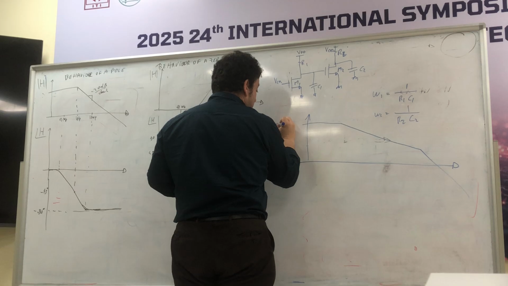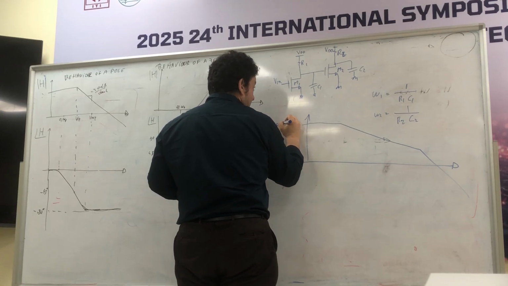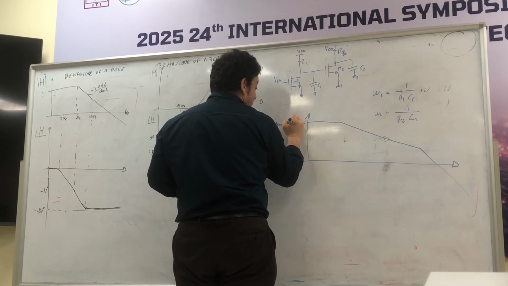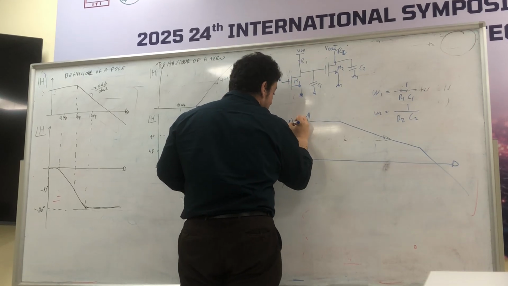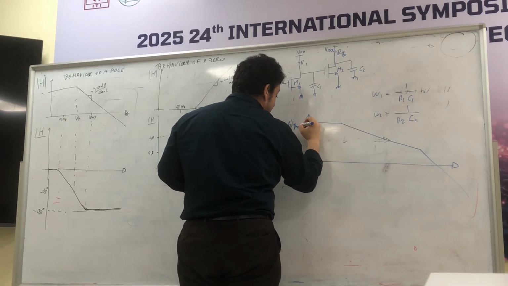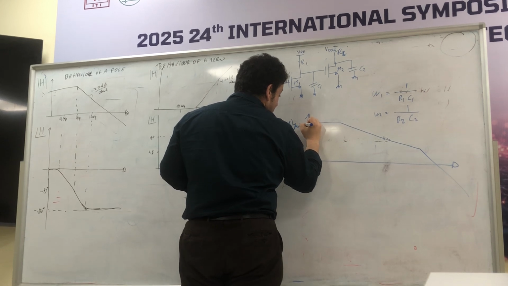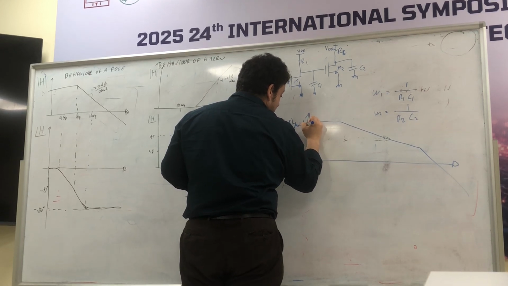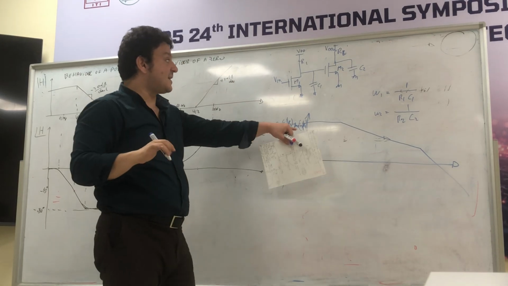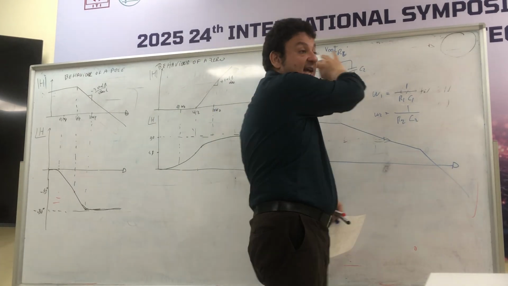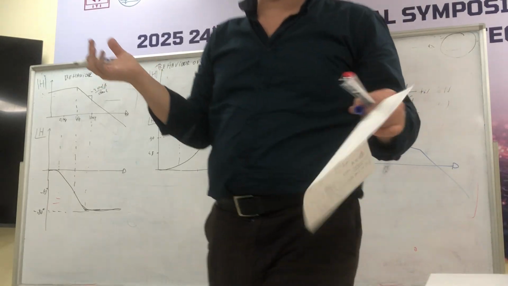DC gain is gm1 ro1 parallel R1, the gain of this stage, multiplied by the gain of the second stage, gm2 ro2 parallel R2. This is the DC gain that everybody knows.